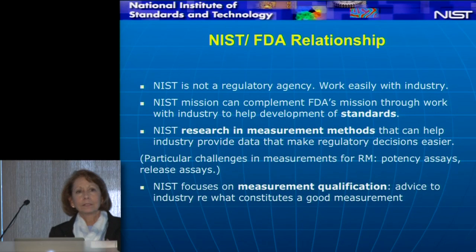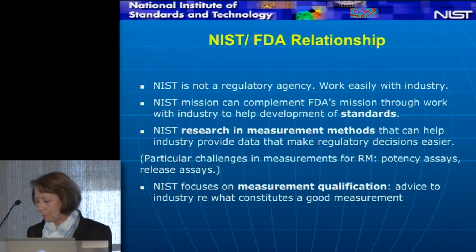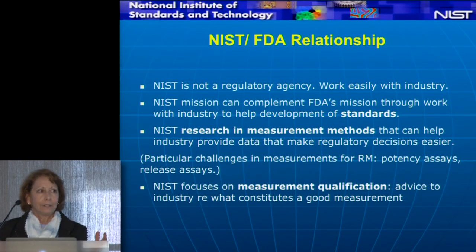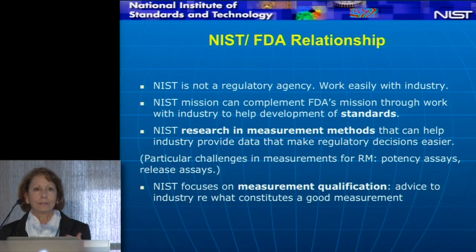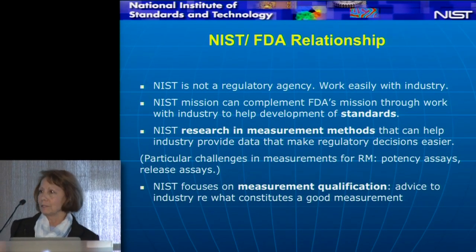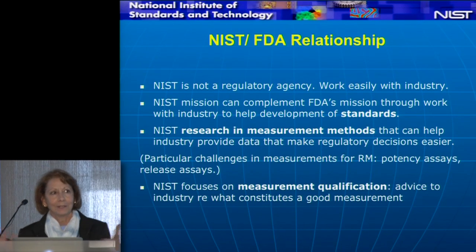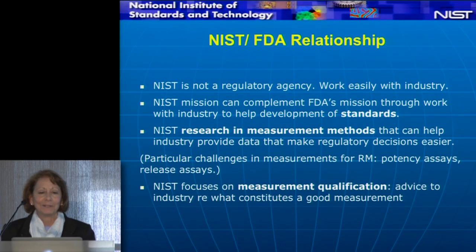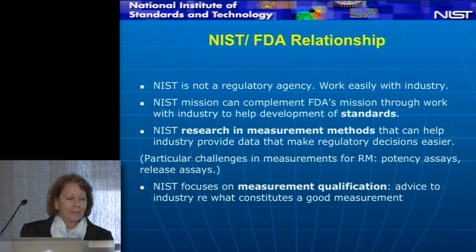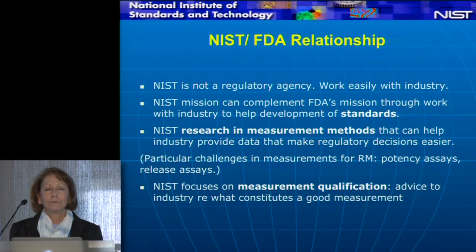And let me take a step back here, because I think it might be useful for this audience to really understand NIST and FDA and the differences and similarities between us, just to put in context what we're all trying to do here. So we collaborate a lot with FDA, both laboratory collaborations sometimes.